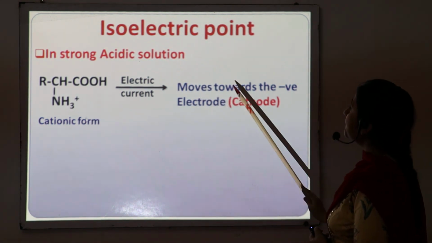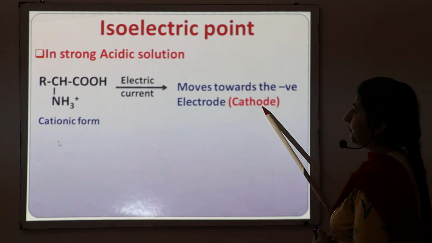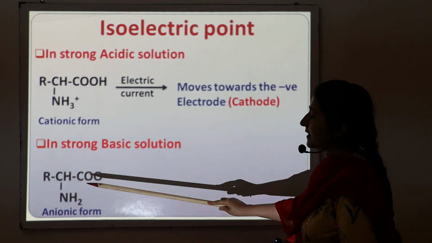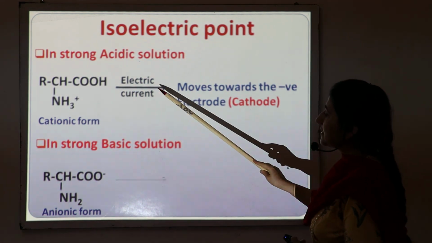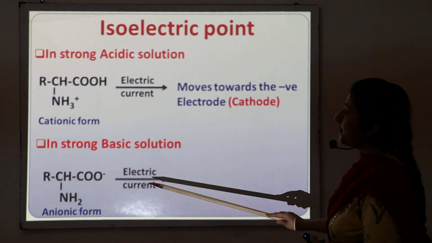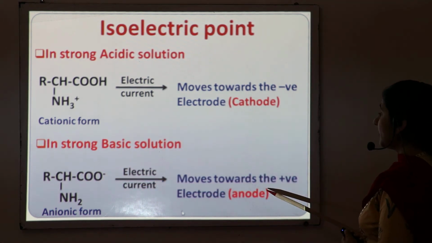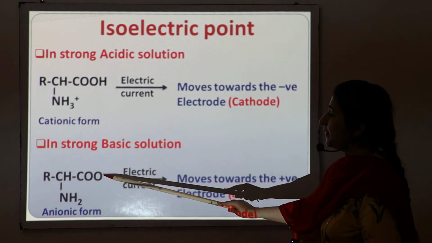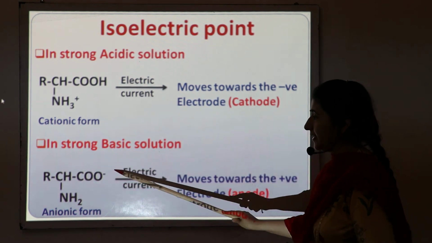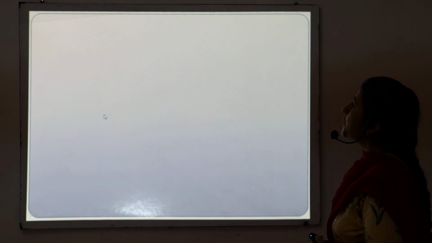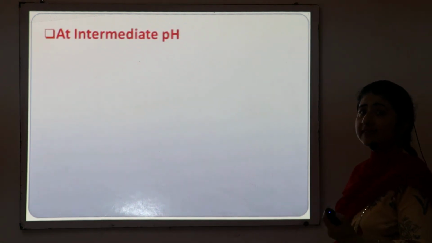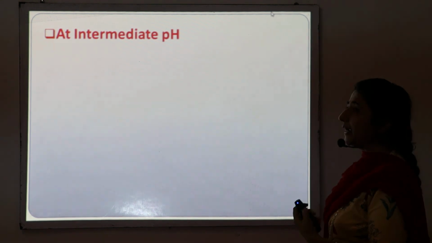So in this case, it moves toward the negative electrode, or cathode. In basic solution, the amino acid exists in anionic form. After passing the electric current, it moves toward the positive electrode, the anode, due to the presence of negative charge on the carboxylate group.